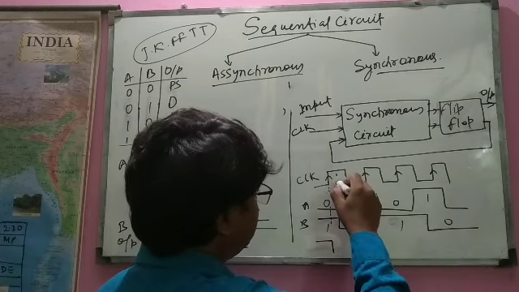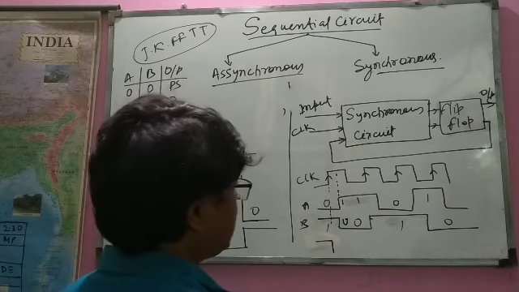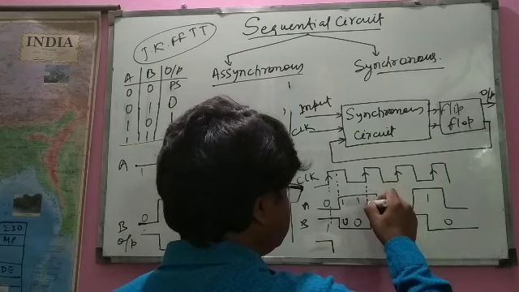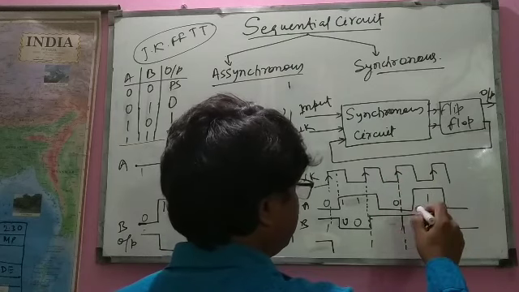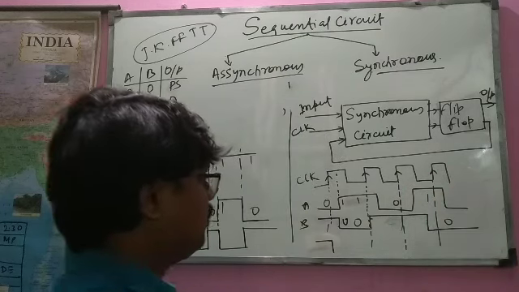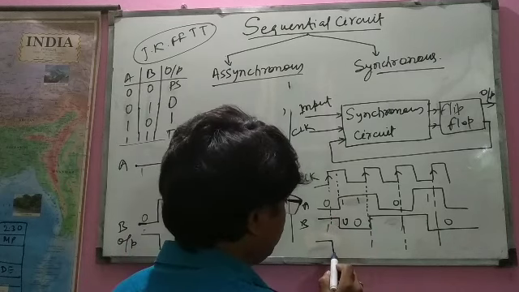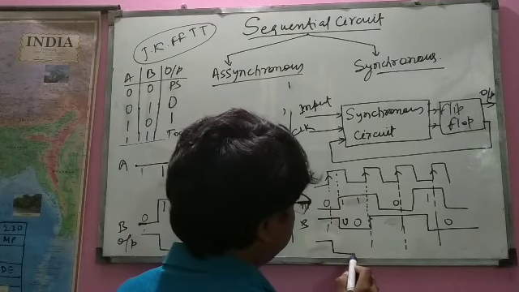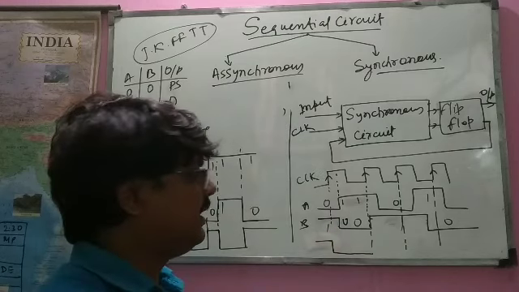So at this point input has changed, but output will not change, because output can change at this point only, at the positive edge. Here input has changed, but this output will not change, and it will wait till the next clock has arrived.